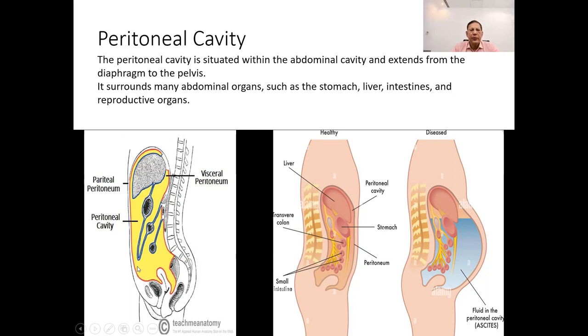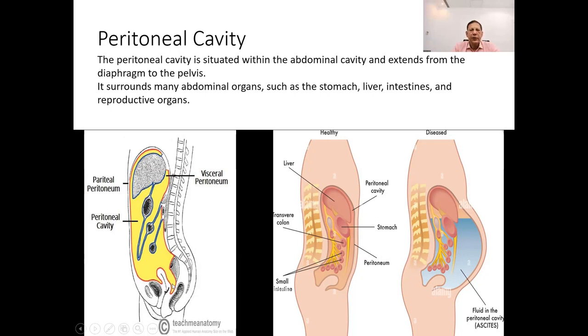But in some cases, if there is fluid accumulation due to any reason, this potential space between the posterior wall of the bladder and the anterior wall of the uterus is called the anterior cul-de-sac, and in a couple of cases, especially in cases of ruptured ectopic pregnancy, you will see the accumulation of fluid between the bladder and the uterus.